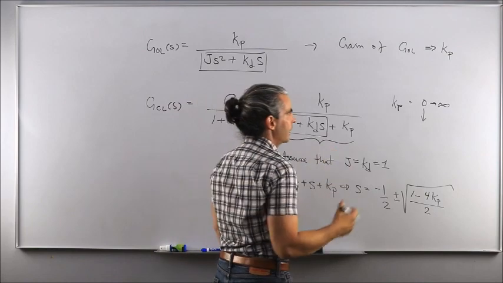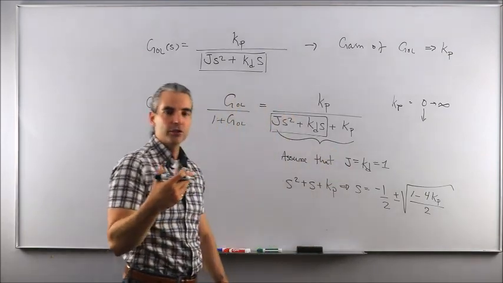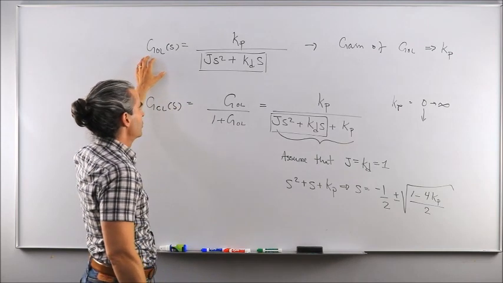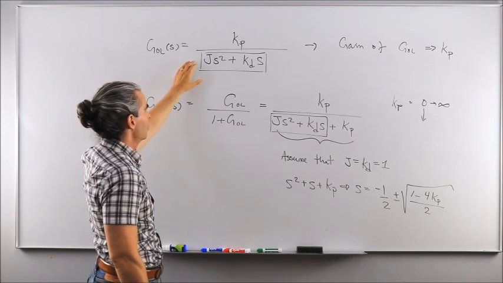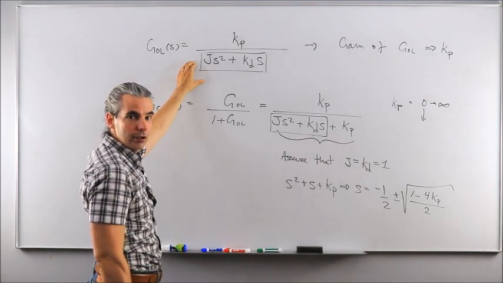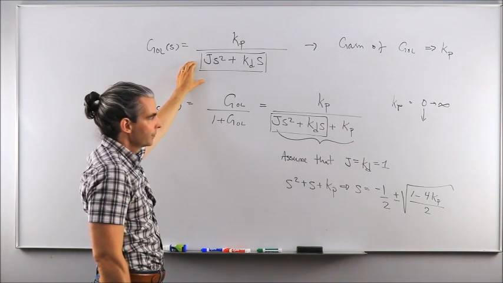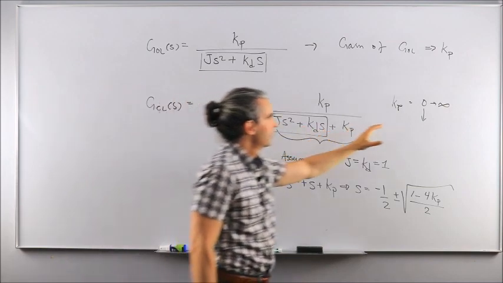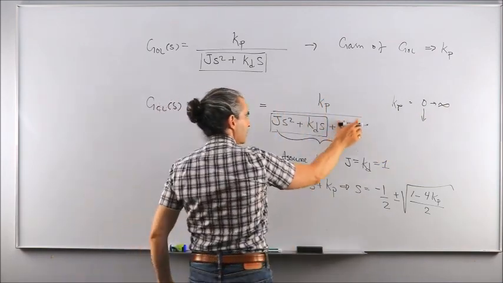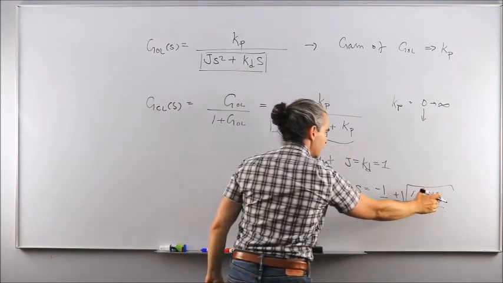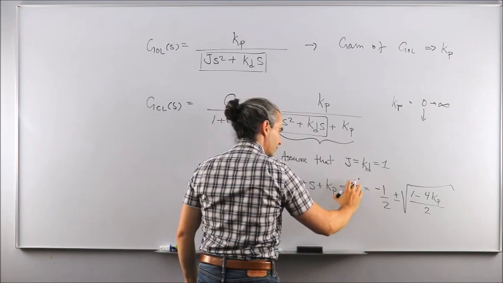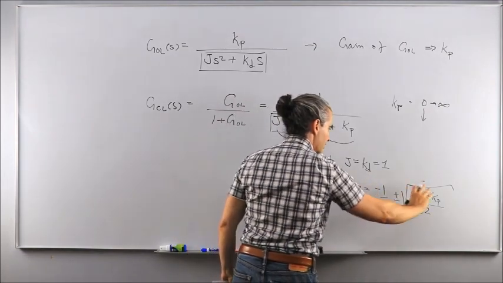And this is why we initiate the construction of a root locus solely by looking at the open loop transfer function in terms of its poles, okay? Because that is the starting point of the root locus. But as Kp moves away from 0 and increases, then this value comes into play, and that will shift the location of our poles in the complex plane, but in terms of the closed loop poles now. Okay?